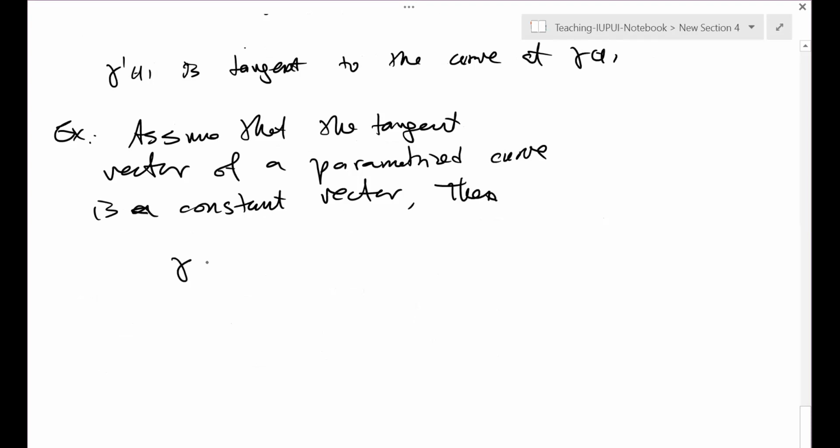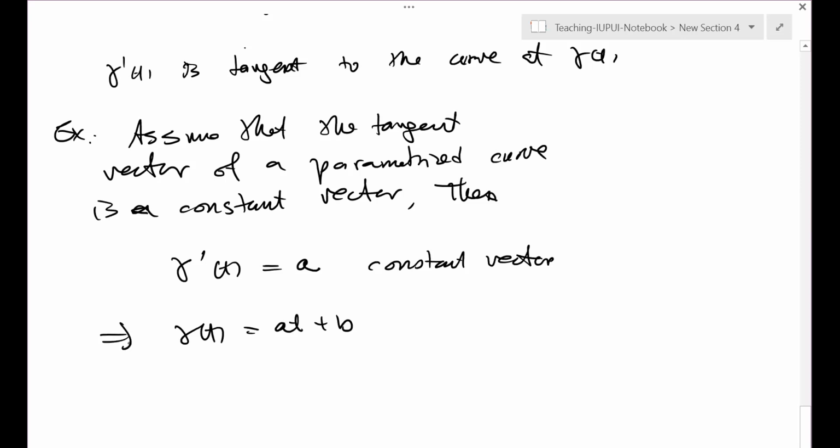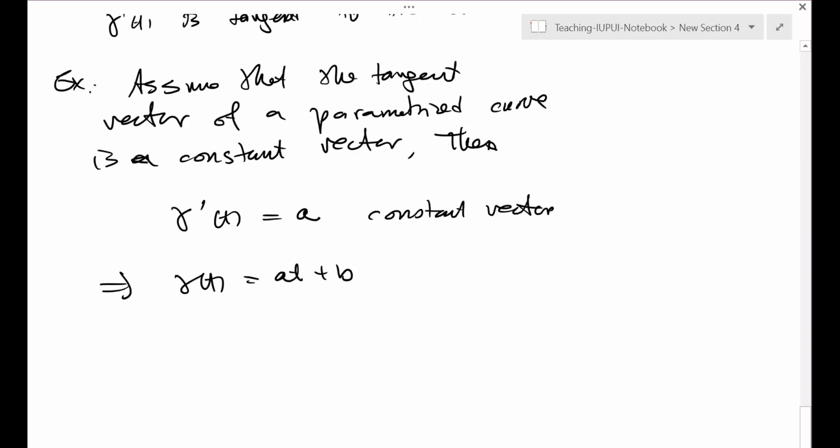Gamma is a parameterization of the curve, so gamma prime t equals a constant vector. What can you get from here? Well, you can solve it. You integrate it, and gamma must be equal to at plus b. So this is a parameterization of a straight line.